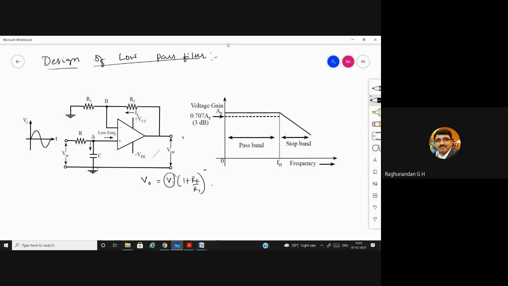But this Vi is not entirely coming over to the node A, because we are having a drop across R. So when we have a drop across R, we need to find what voltage we are getting at this node A by using the voltage divider rule. And here you can see, since this node has a connection to the capacitor and the other terminal of the capacitor is grounded, whatever voltage we have across the capacitor, the same voltage will exist across this node.